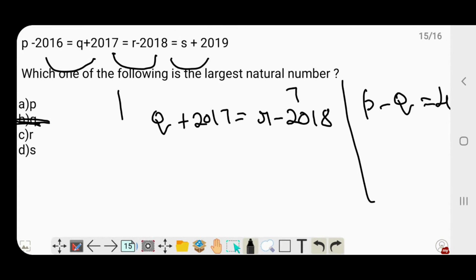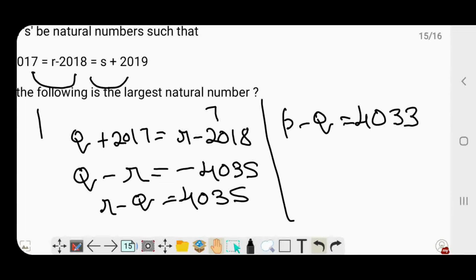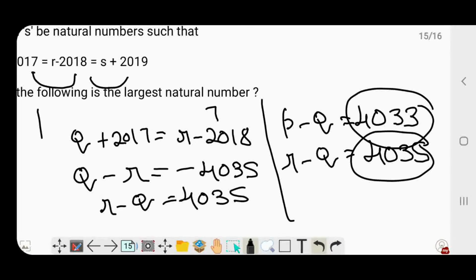So now I have got Q minus R is equal to minus 4035, which is nothing but R minus Q is equal to 4035. So R is greater than Q by 4035, and I will write it over here. What does this show? This shows us that R is greater than P by 2, right?